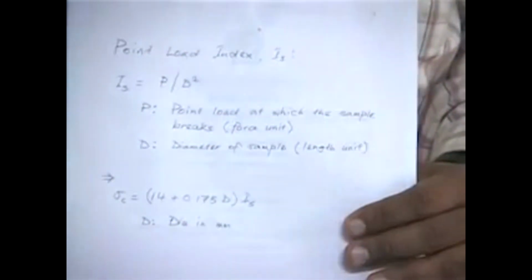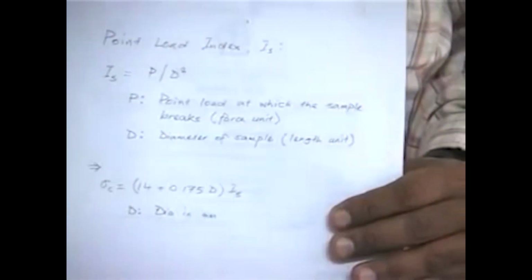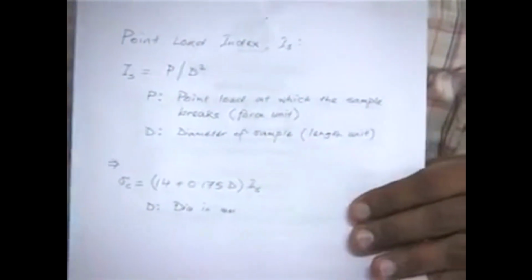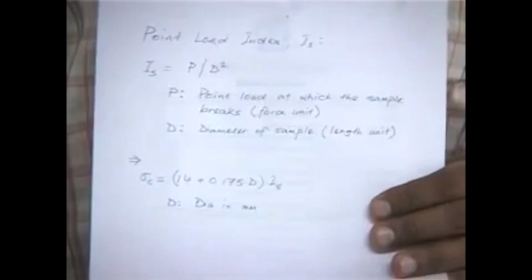The calculation, to jog your memory, first requires calculation of the point load index I subscript s, given simply by P over D squared, where P is the point load at which the sample fails. That is going to be recorded in force units, although in the next little bit we will see that we are going to read that off of a pressure gauge.